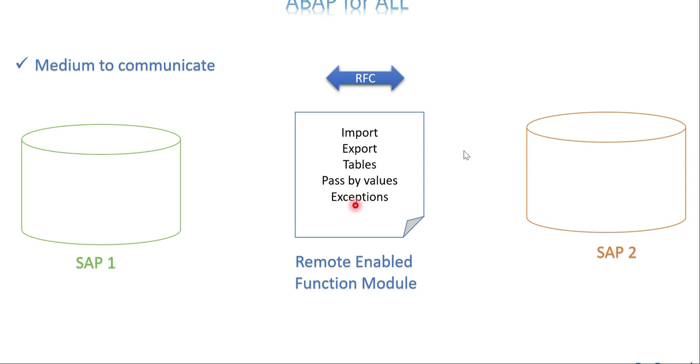But if it is a remote enabled function module, every declared variable in export, import, tables, changing, everything you have to mention as pass by value, otherwise you will get a syntax error. Other than that, everything is the same as a function module. There is an option button we have to change from normal function module to remote enabled function module. Other than that, the functionality, writing the code, tabs, everything is the same.